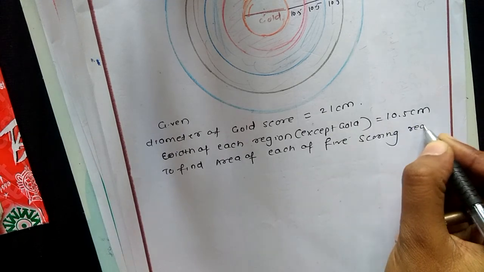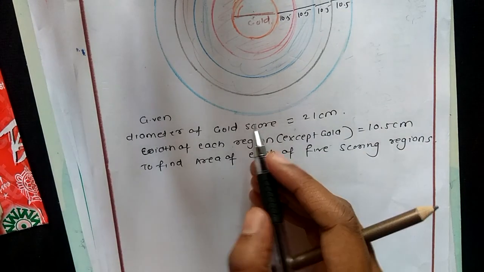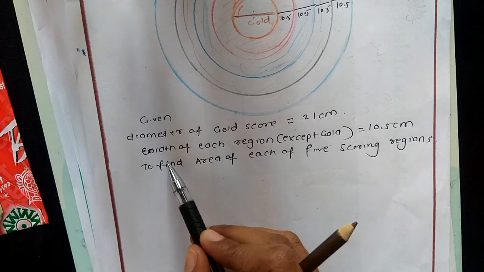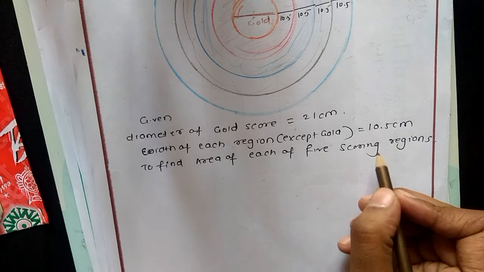What is the benefit of writing the given things? You should not read the question again and again. First of all you have to write the given things and the quantity you have to find out. So we need to find out the area of each of the 5 scoring regions.